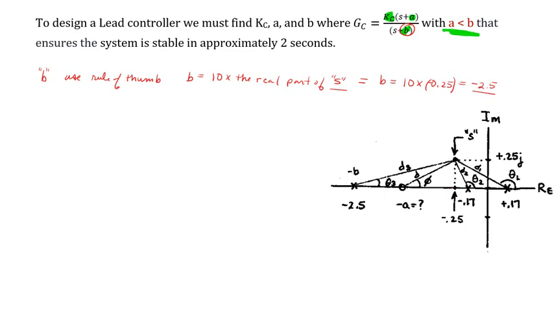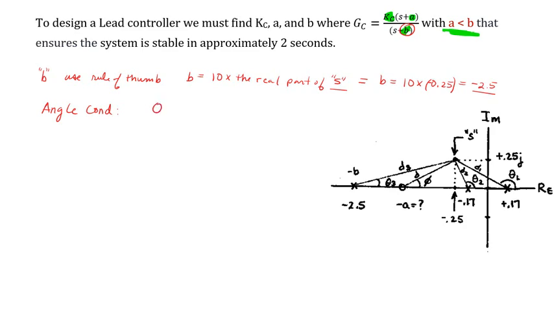So the next thing we do is we want to find the angles theta 1, 2, 3, and we want to use phi. The reason is we want to use the angle condition. The angle condition says that the pole angles, which we're calling thetas, minus the zero angles, which we're calling phis, all add up to be equal to 180.